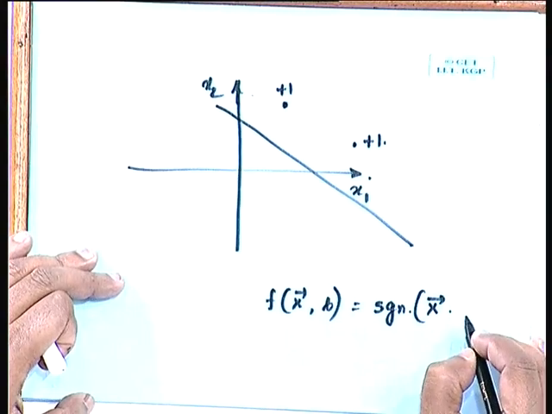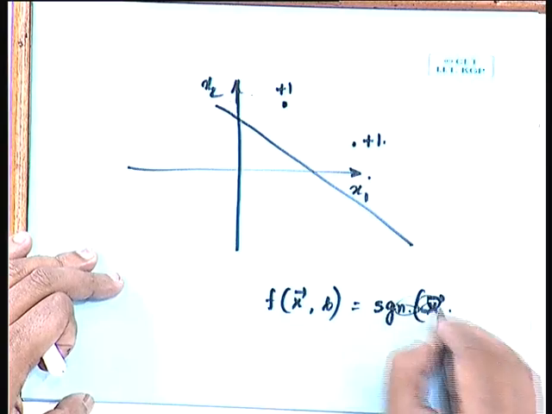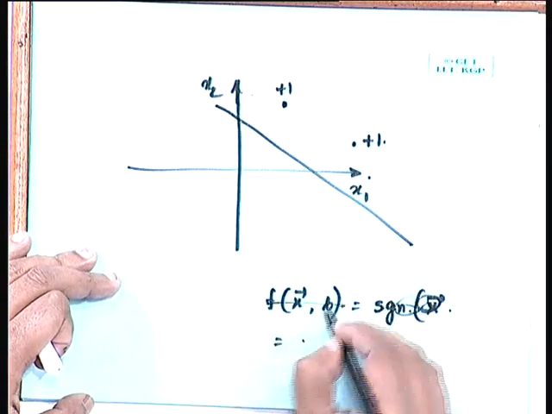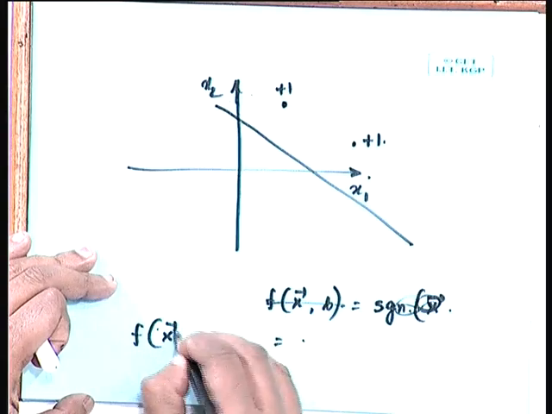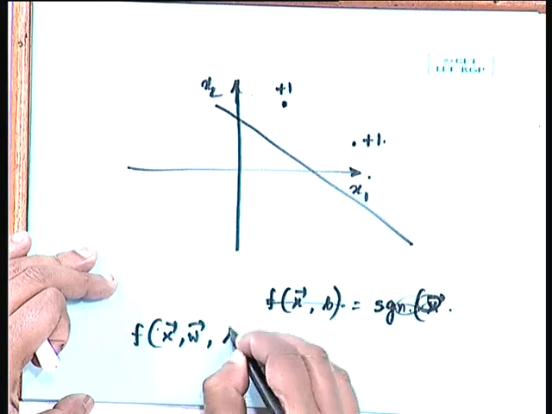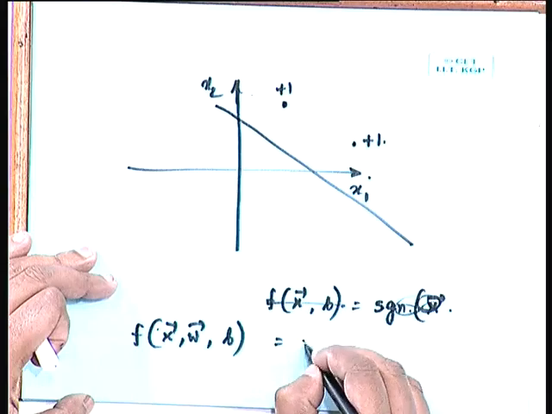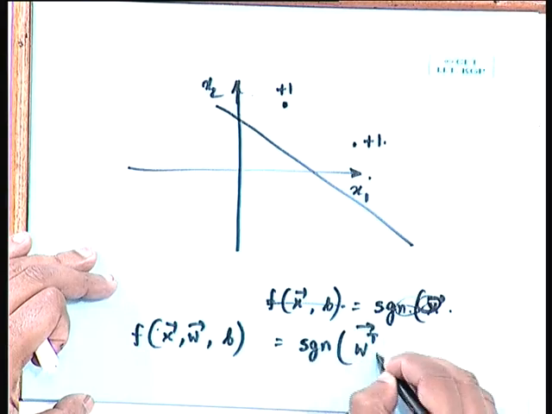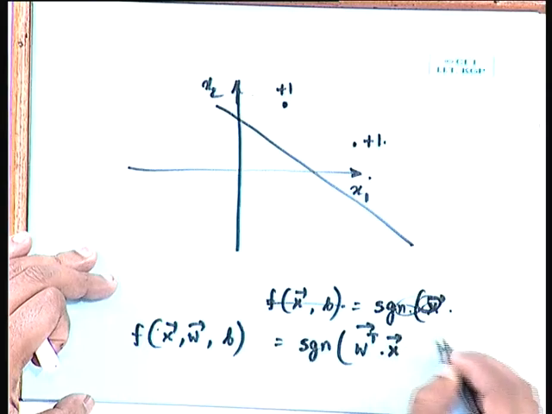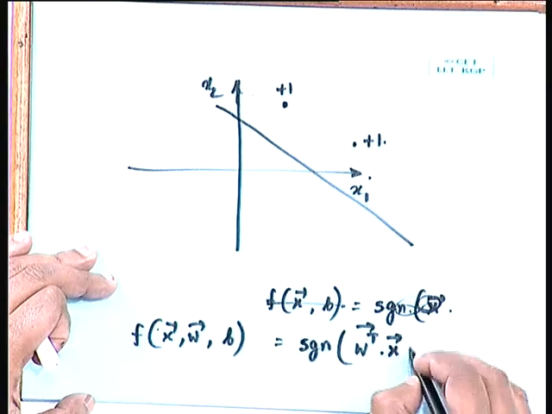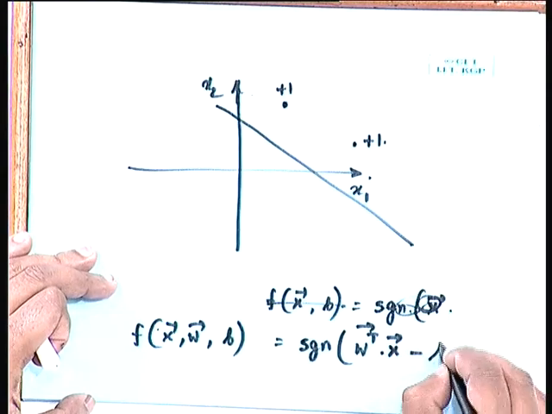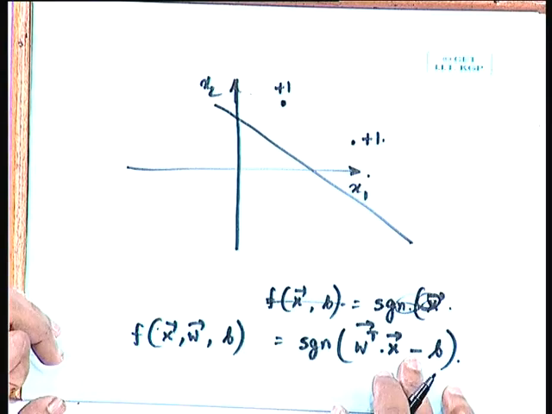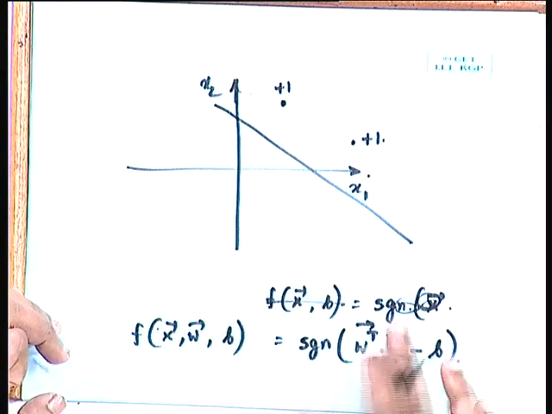We should write it as f of x, w, b equal to signum of w transpose x minus b. So, this is the form, and with this type of straight line it is possible to shatter.